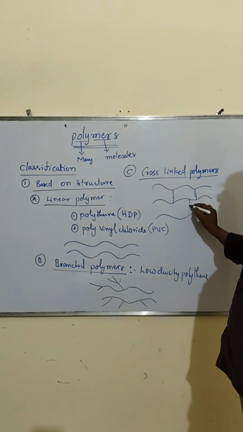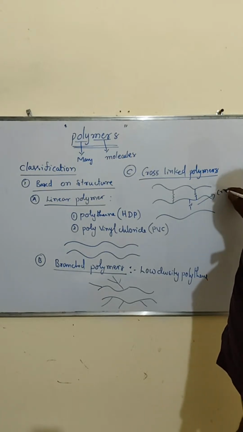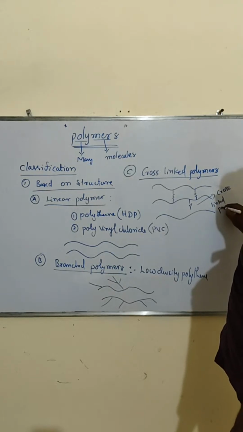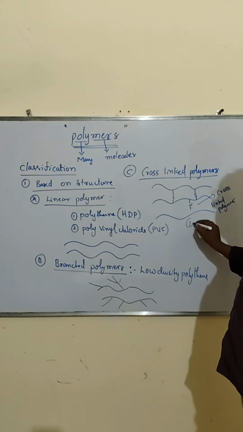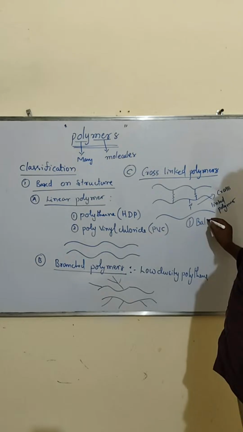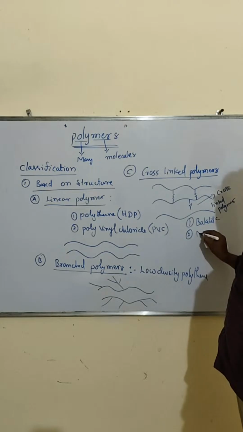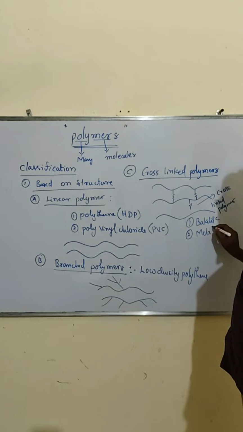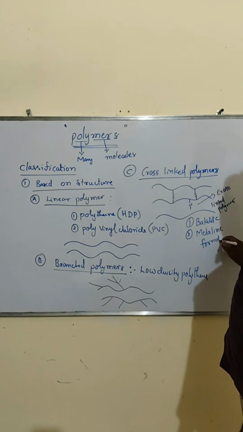So when it is present like this, then we call cross-linked polymers. Example for the cross-linked polymers are bakelite. Then one more, melamine formaldehyde resin. These are the examples.